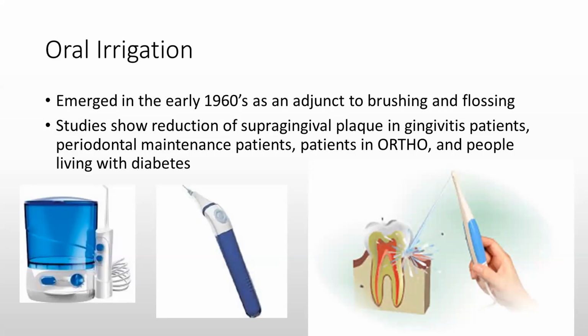Oral irrigation is back. Okay, it started in the 1960s as an adjunct to brushing and flossing. Studies have come out that show that there is a reduction in supragingival plaque in gingivitis patients. It massages the gum tissues as well and gets rid of food debris that's stuck in open contact areas. And it's a great adjunct for patients who cannot floss or that have ortho.